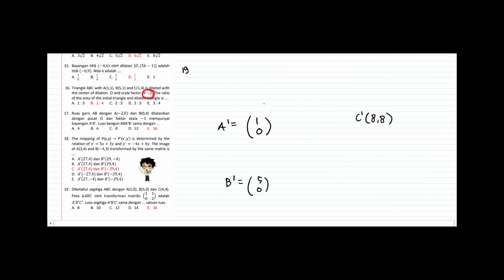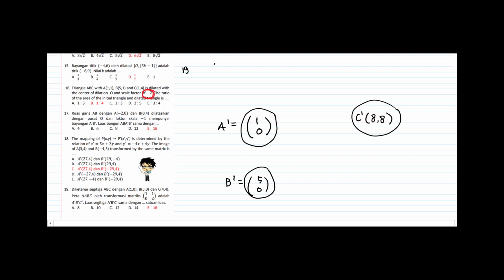Okay, we are done. But before I finish this lesson, I want to give you another secret, another trick for finding the area of a triangle if the 3 vertices are given. How to find it?